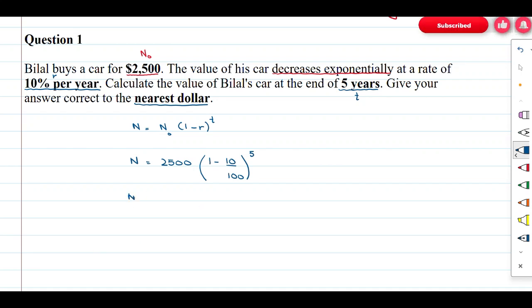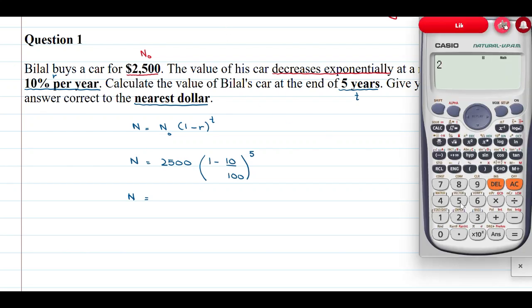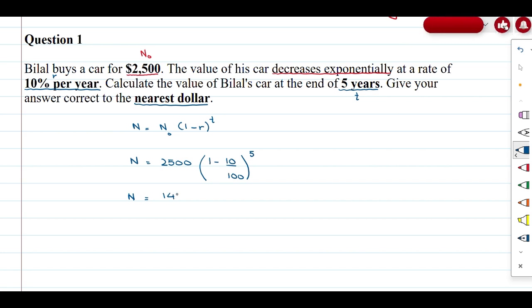Now let me calculate the value of his car at the end of 5 years. 2500 times bracket 1 minus 10 over 100 bracket to the power 5 is 1476.225 dollars.